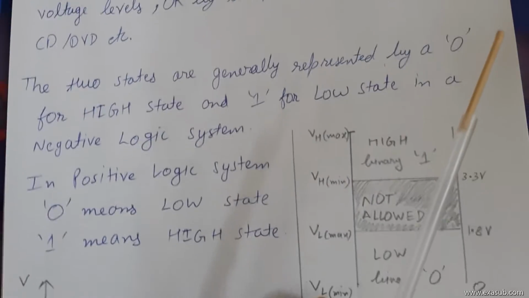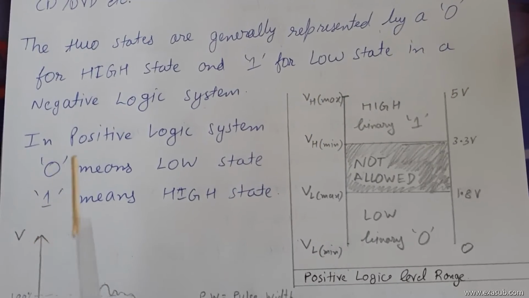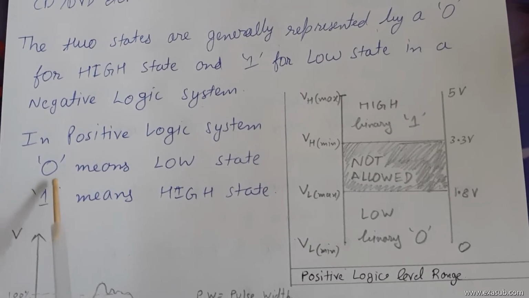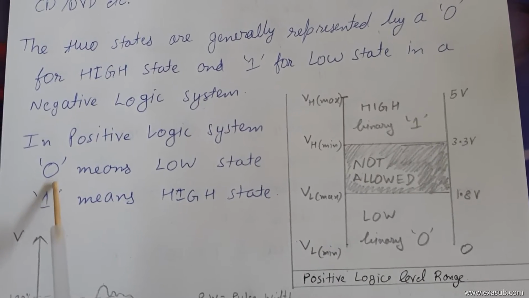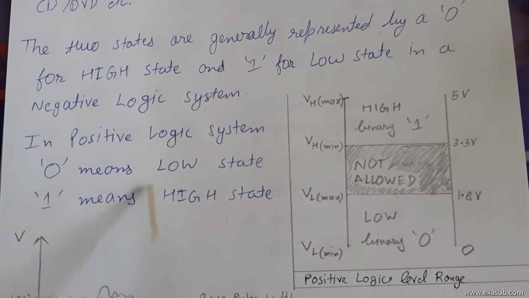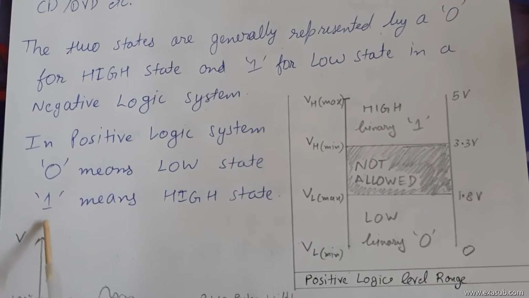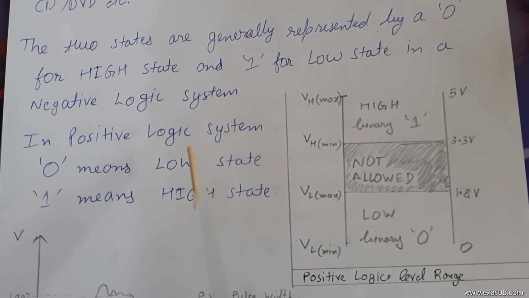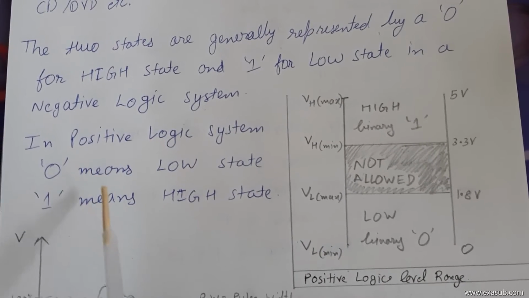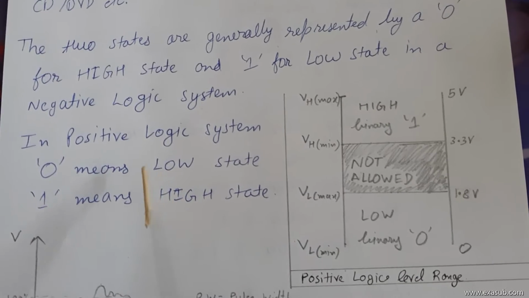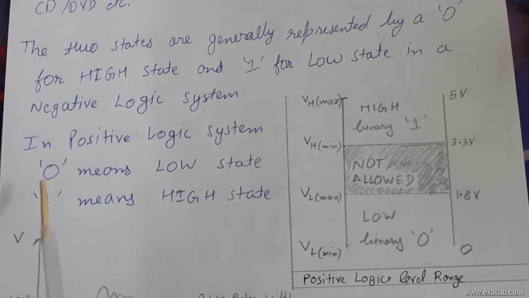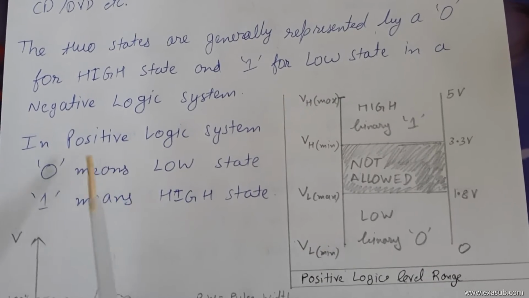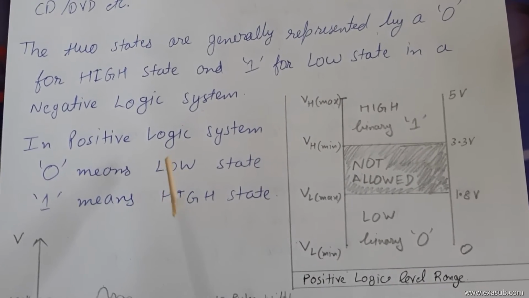And in the positive logic system, a 0 means a low state and a 1 means a high state. So depending upon the logic system applied by the designer, the 0 and 1 mean different things according to the logic system.